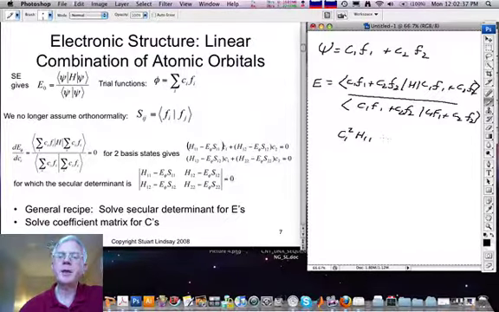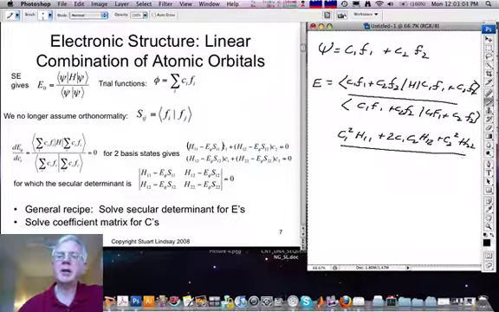H11. Now we will do the same between F1 and F2, and so we will end up with two terms now. Remember, H12 equals H21, 2C1, C2, H12, and then finally we have C2 squared H22.